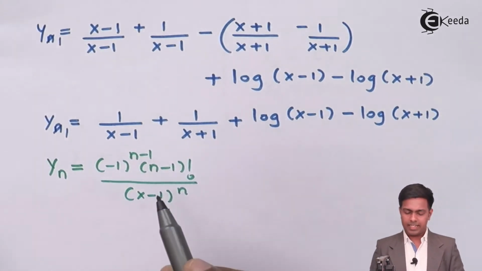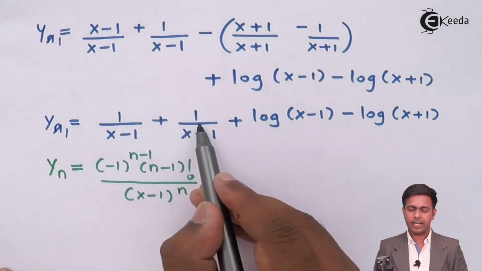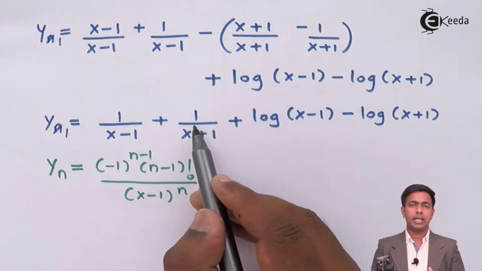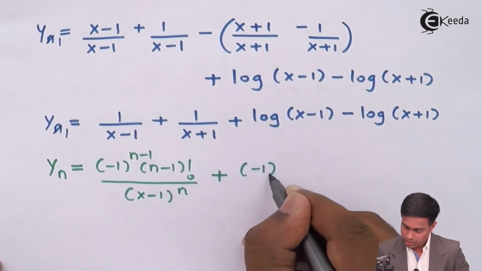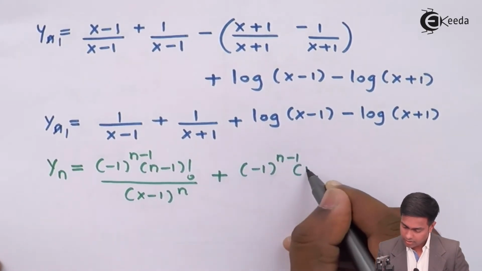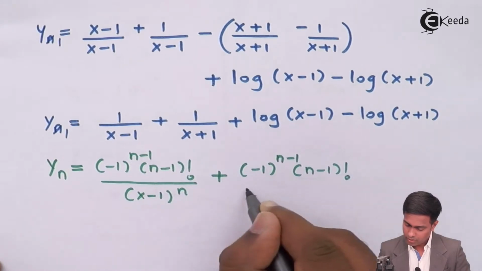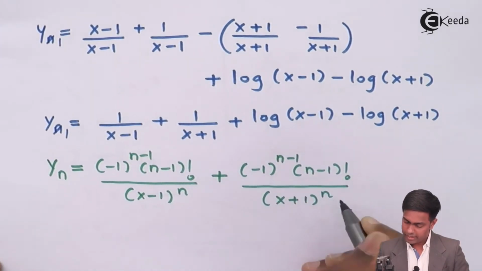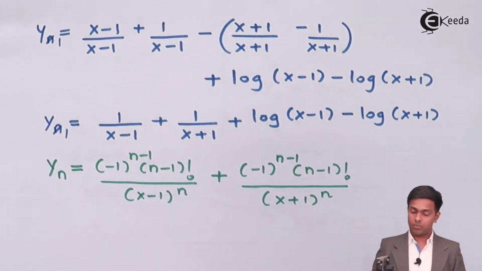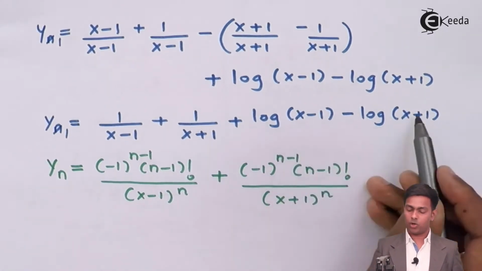Similarly, I'll apply the same concept for the second function because that too is an algebraic function. So I'll get plus minus 1 to the power n minus 1 into n minus 1 factorial upon x plus 1 to the power n. Now guys, let's move to log of x minus 1 and log of x plus 1.